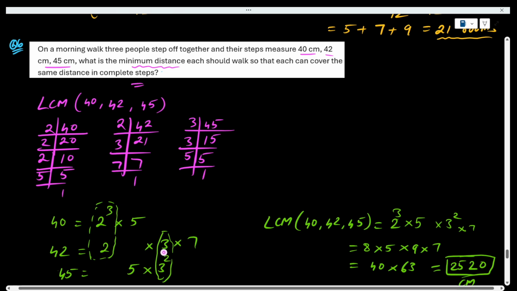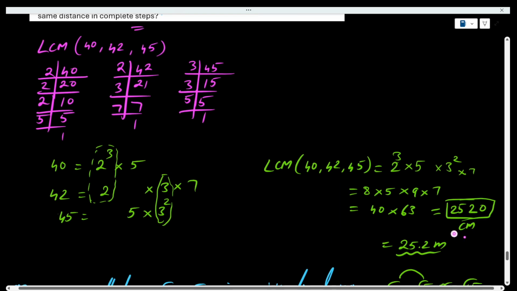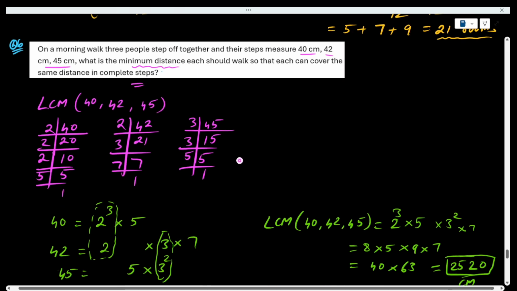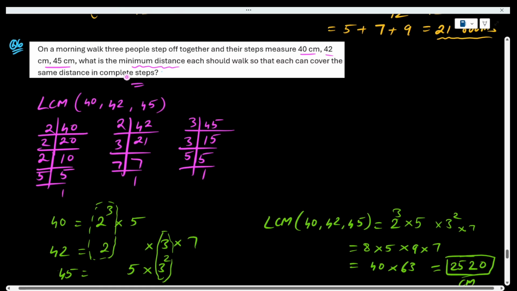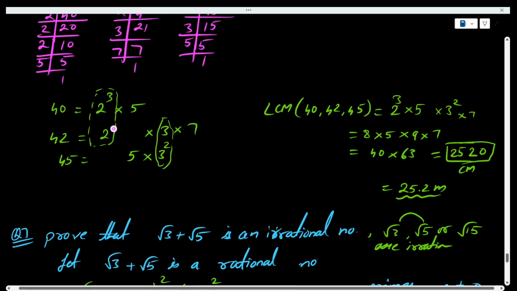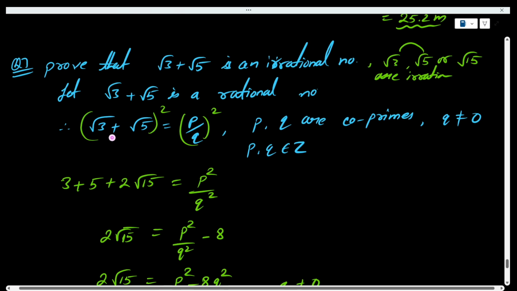For HCF, we would take the lower power. And 7 is also a factor. So if I take the product of all these, I get 2520 centimeters, which is nothing but 25.2 meters. So each one has to walk a minimum of 25.2 meters so that they will meet at the same point and complete their walking, whatever the track is.